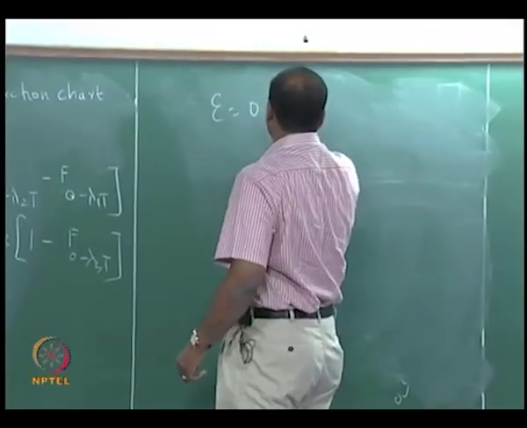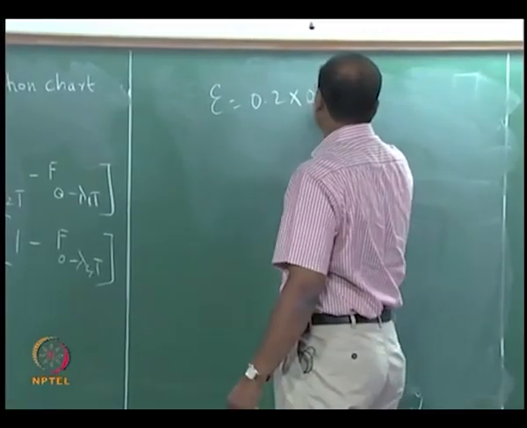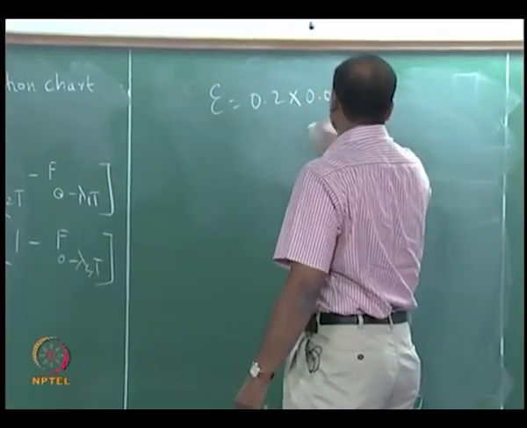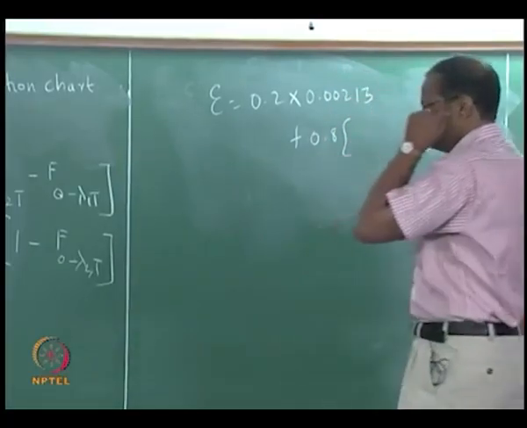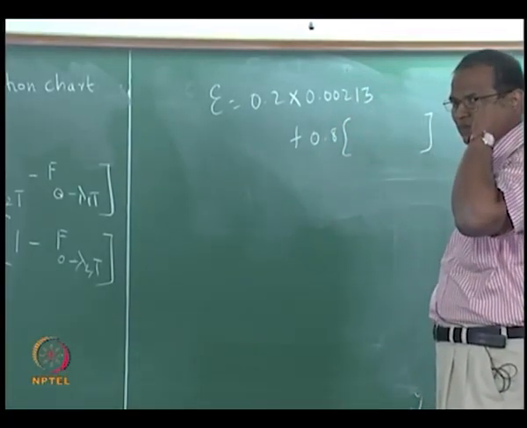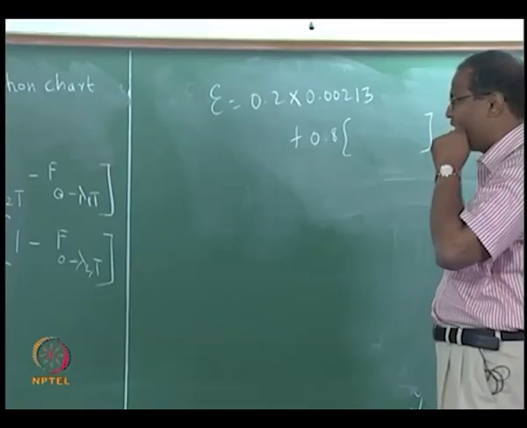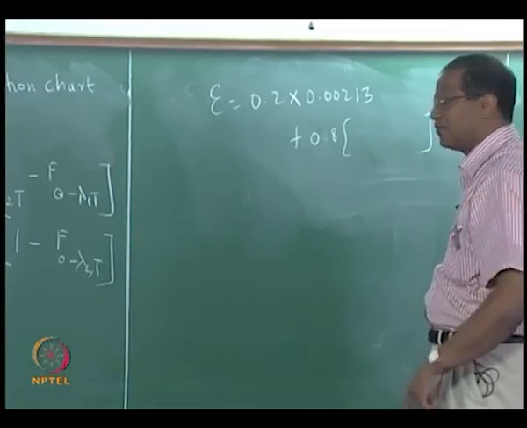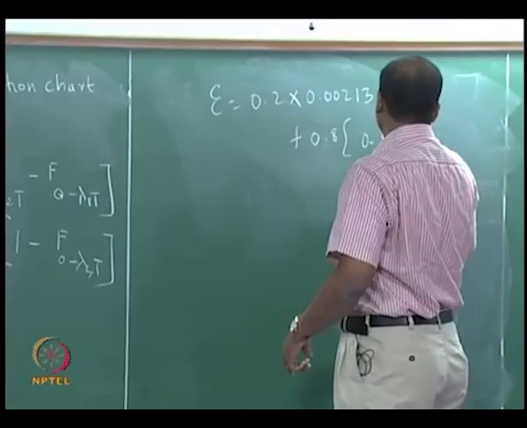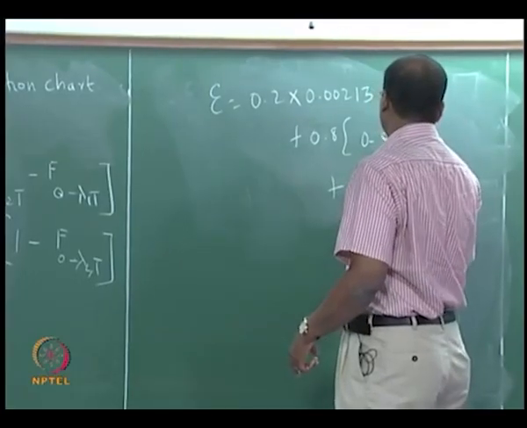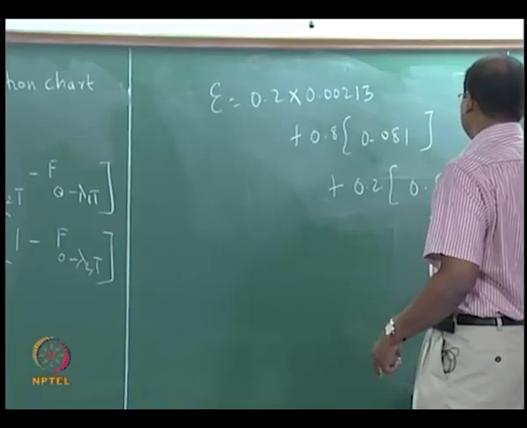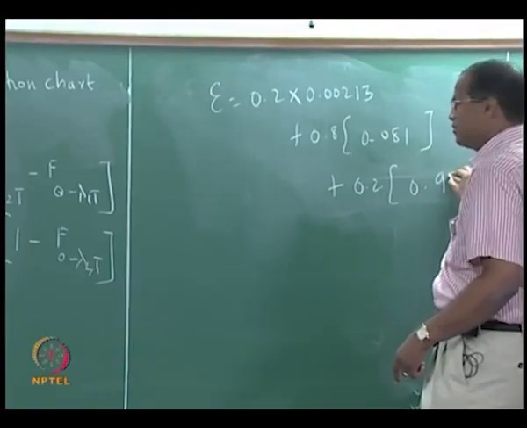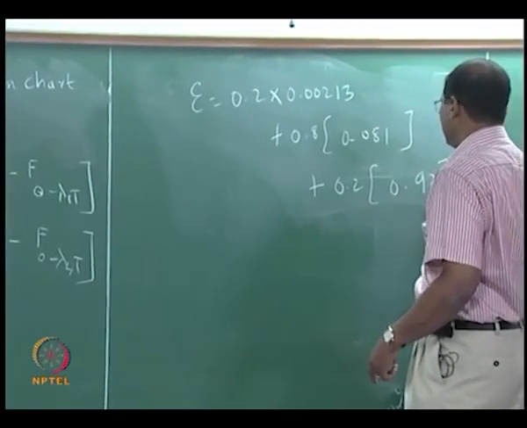Now epsilon is 0.2 into... so what is this? Point not? No. Plus 9? 1 no, 9.